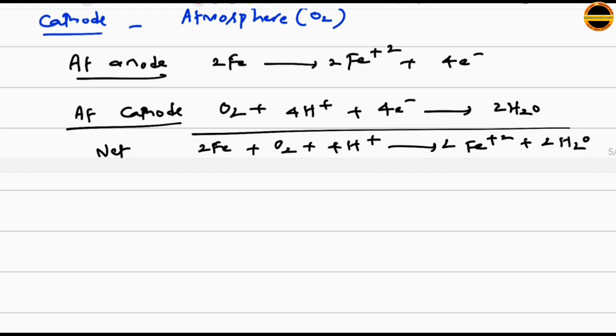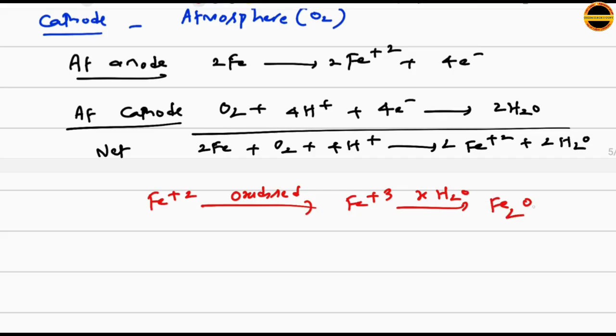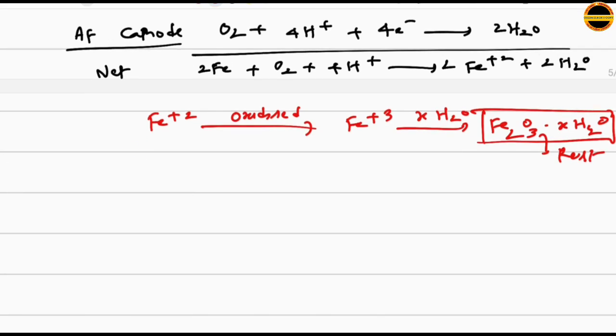Further, Fe2+ is oxidized to Fe3+, combining with x water molecules, and finally we get Fe2O3·xH2O, which we call rust. So rusting or corrosion of iron is an electrochemical process.